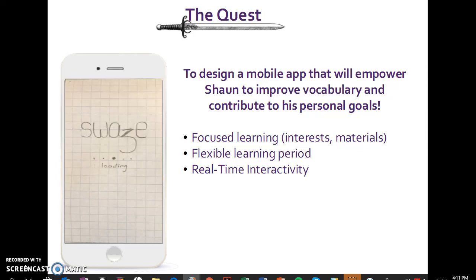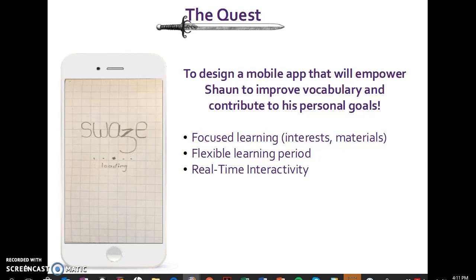Looking at all of this, his motivation and his goals, I embarked on the journey to design a mobile app that will empower him to improve his vocabulary so that he can achieve his personal goals. My mobile app focuses his learning in terms of the materials he will have access to, and the formats, in terms of the style of how he wants to learn.